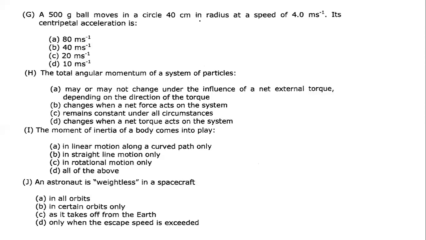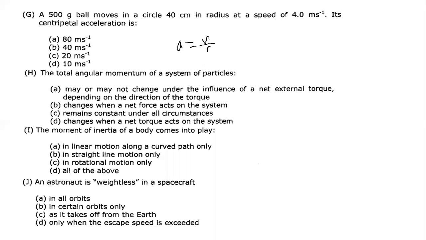What I found here, if I'm not mistaken, is 40 meters per second. How I did it myself was centripetal acceleration is equal to the speed, V squared divided by R. I don't know if I went wrong with the formula or what, but that's what I did. And I got 40, and I got it wrong.